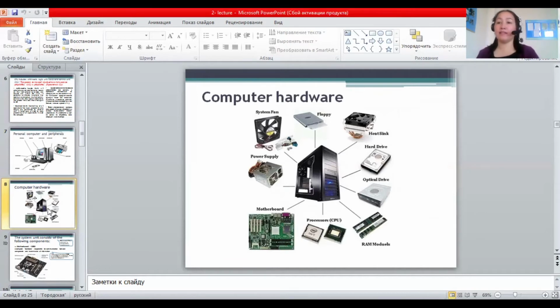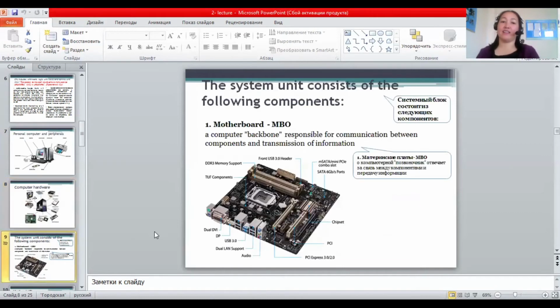Motherboard translates in Russian as материнская плата, in Kazakh, аналог такша, you know? The system unit consists of the following components: motherboard, MBO, the computer backbone responsible for communication between components and of information. It may include memory support components, DBI, audio, video, PCI, and a chipset. These are all devices of the motherboard.